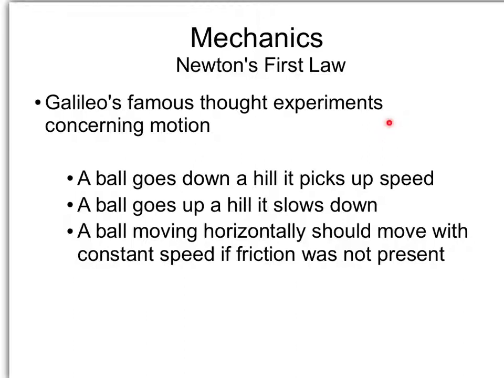Galileo, however, noticed that if he rolled a ball down a hill, it picked up speed, and if it went up a hill, it slowed down. So he concluded that if a ball was moving horizontally, shouldn't it move with constant speed, indefinitely really, if friction was not present? Well, Newton expanded on this concept, as we'll see in the next slide.